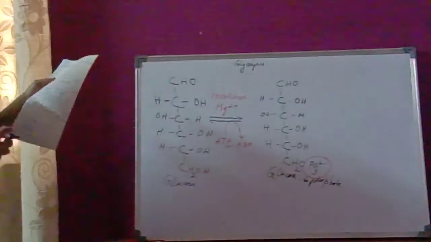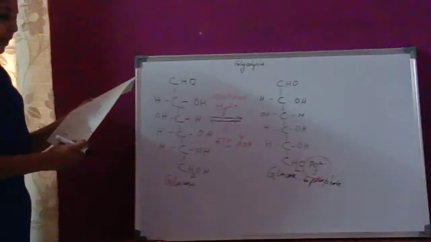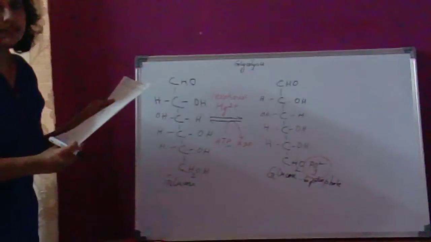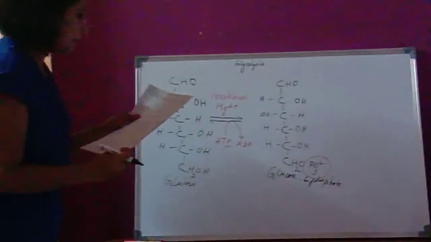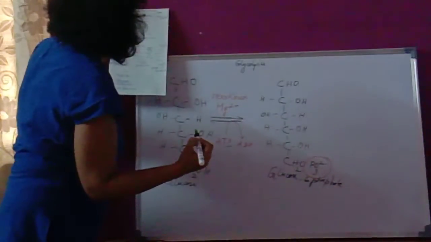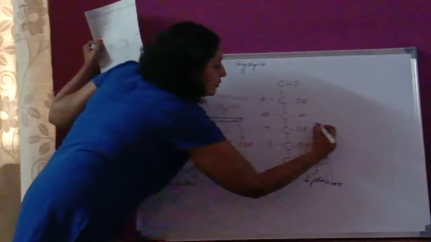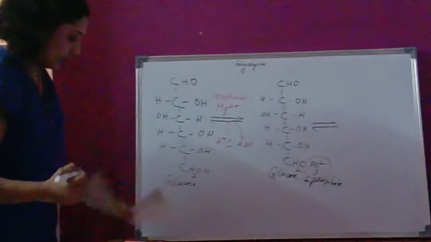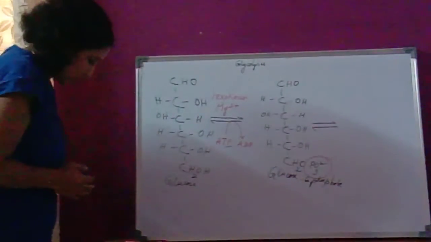This glucose 6-phosphate in turn gets converted to fructose 6-phosphate. Here also there is a double arrow mark. Glucose 6-phosphate gets converted to fructose 6-phosphate.